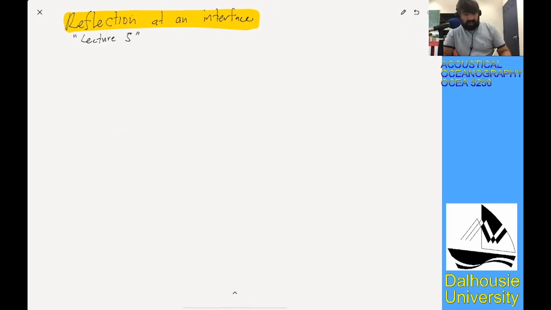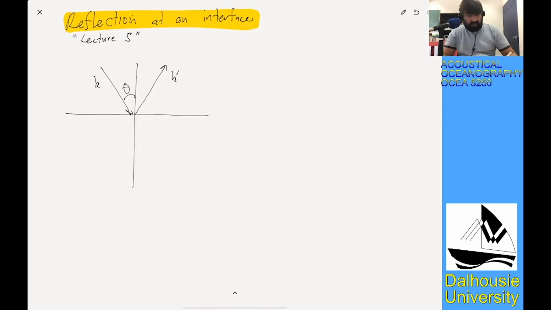So let's draw our interface, a line, that's it. And let's draw our incoming wave. It's got some wave number k, some angle theta, and there's going to be some reflection with an outgoing wave number k prime and an outgoing angle theta prime. And you're going to have two media here.